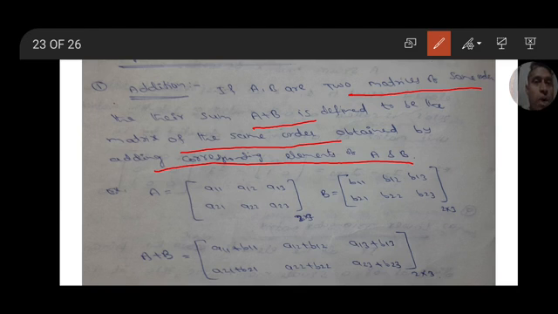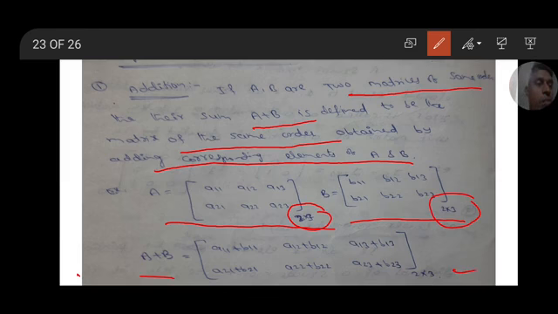For example, capital A equal to a11, a12, a13, a21, a22, a23, it is a 2 by 3 matrix. Capital B equal to b11, b12, b13, b21, b22, b23. It is also 2 by 3. A is 2 by 3, B is 2 by 3, both are the same. Then A plus B is also a 2 by 3 matrix.